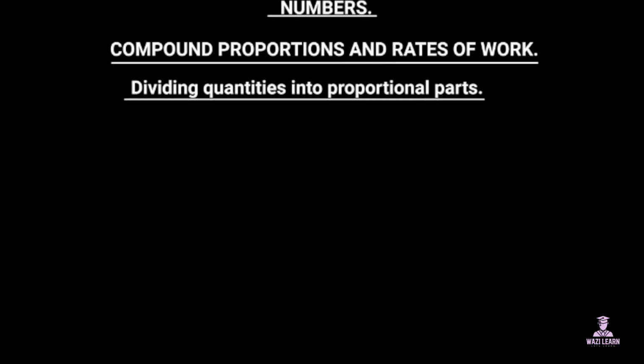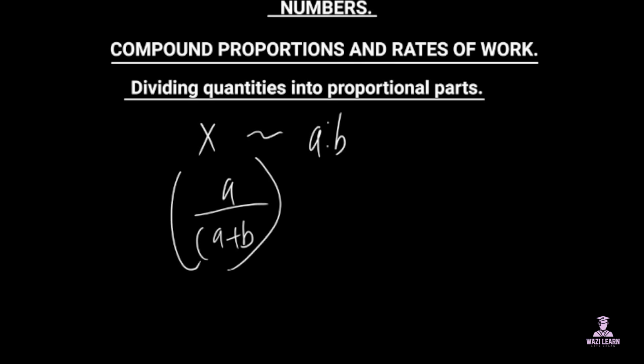So let's say you are given a quantity X and you are told to divide quantity X into a ratio of A to B. To divide quantity X into proportional parts, we'll take the individual proportion A and divide by the total number of proportional parts, so it is A plus B. This is the first proportion.